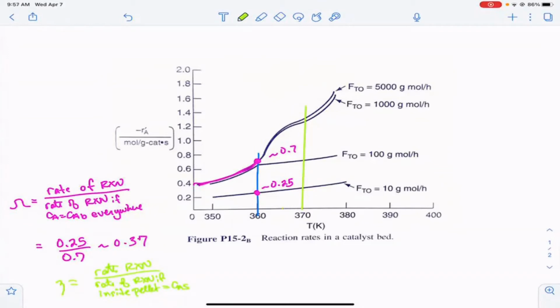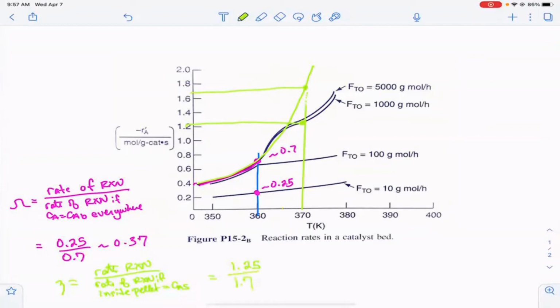Well, to do that, we have to figure out the rate of reaction here. And to do that, we'll go here and we'll go sideways and call this approximately 1.25. Now we have to figure out what the rate of reaction would be if we followed our exponential. So now we're here, and we're going to go up, and we are going to cross over here, and we're going to go here.